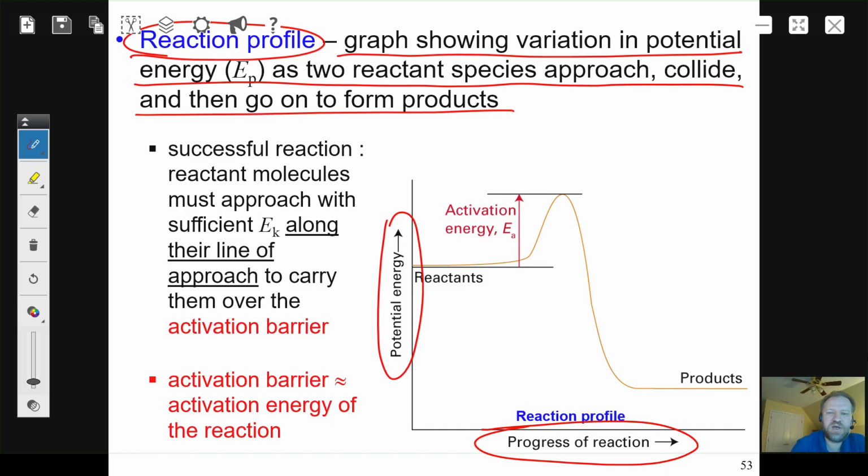Now, suppose that our reactants have a certain potential energy E P sub R. And as reactant species get closer to each other along their line of approach, the potential energy of course increases, and we understand why that is.